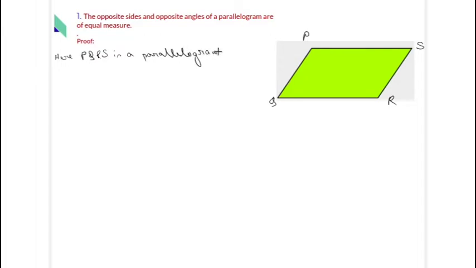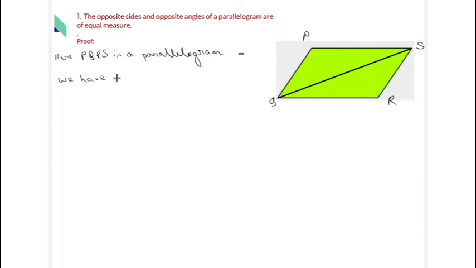Okay, now to prove these properties we will draw a diagonal in this parallelogram by joining the vertices Q and S. So that also we will write. We have joined vertex Q and vertex S to get the diagonal QS.